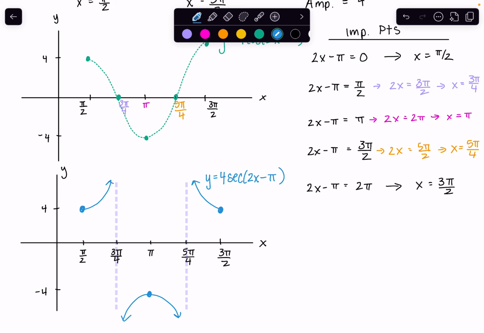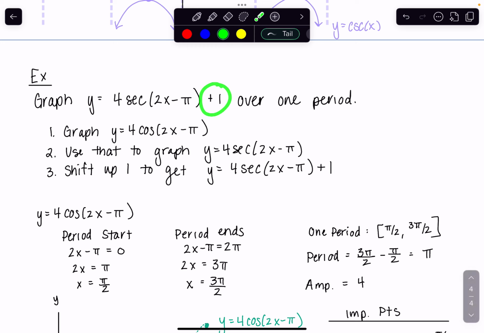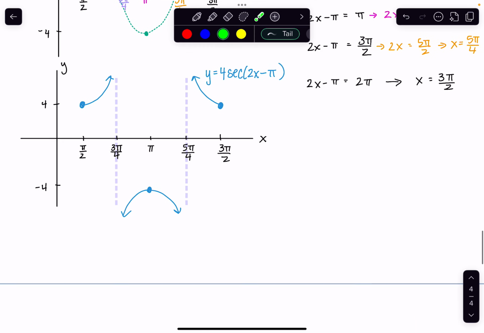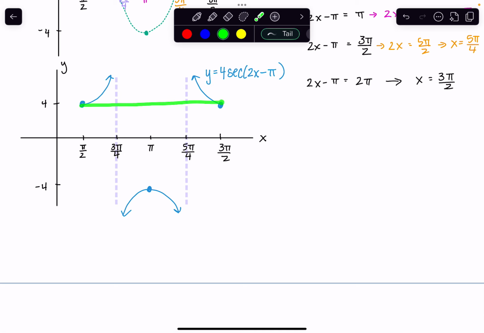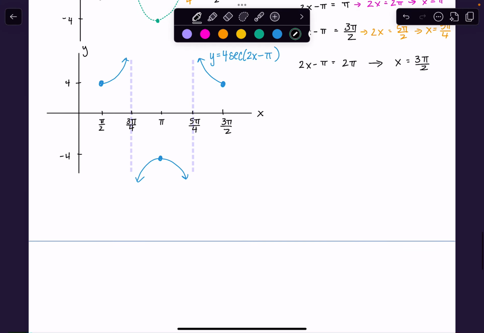Now I'm super close at this point, but I do have that vertical shift. So I really need to take this graph and draw it one more time because all of these points have to get shifted up one. So it ultimately ends up changing that range. So let's go ahead and zoom out a little bit here.